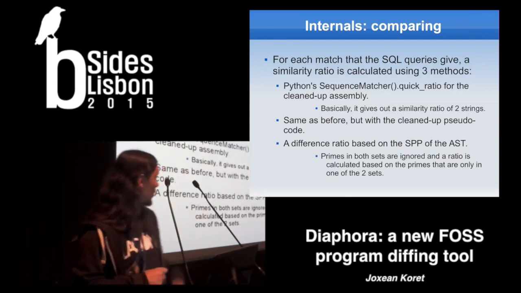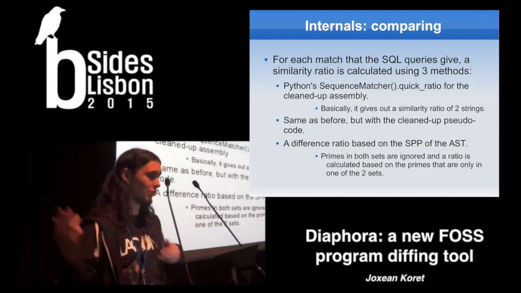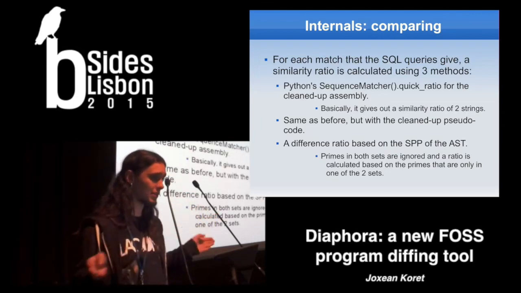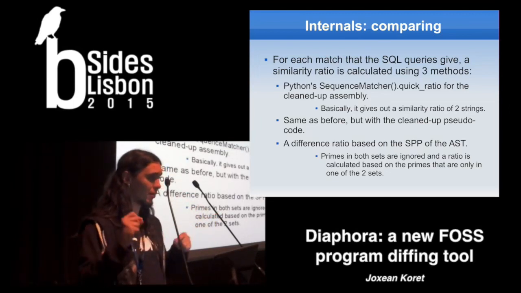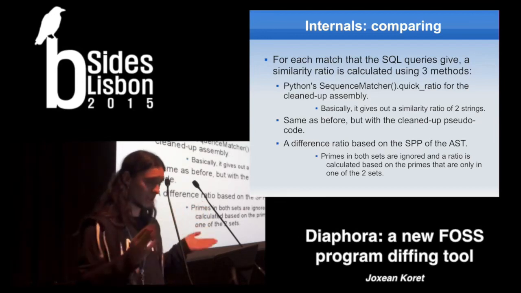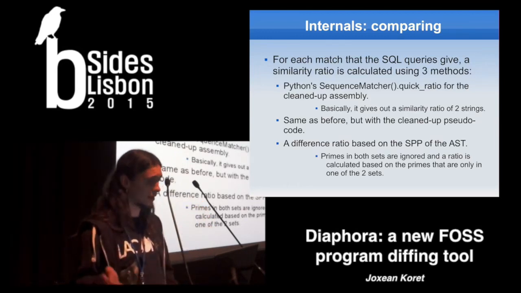And that's it. In the case of the AST small primes product based hash, I remove all the primes in both sets, and I only consider the primes that are in one of the two sets but not in both. I calculate the similarity ratio based on that, and that's all.